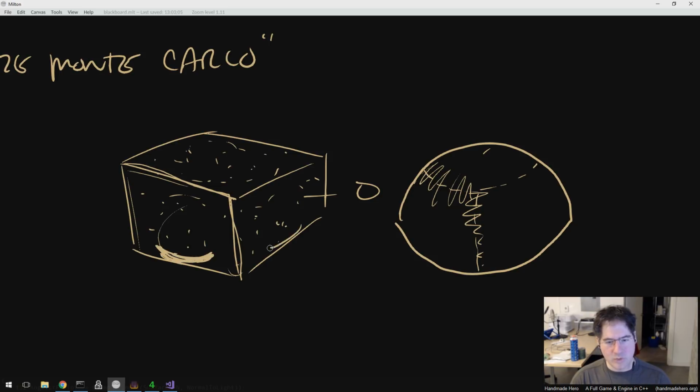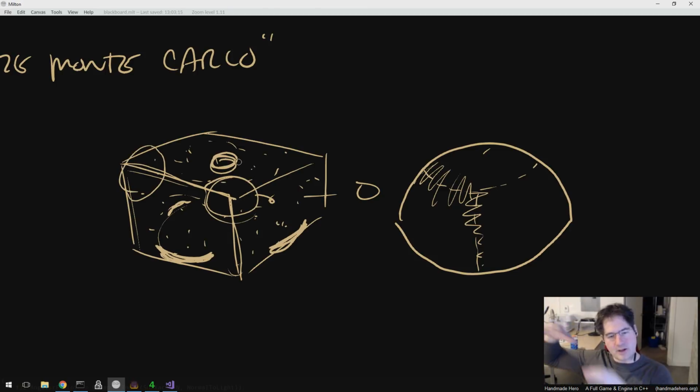Right here where the sphere would touch the cube, the density is correct. But as you approach these corner areas where there was a larger surface area on the cube that got shrunk down onto the hemisphere, you get a higher concentration of points.